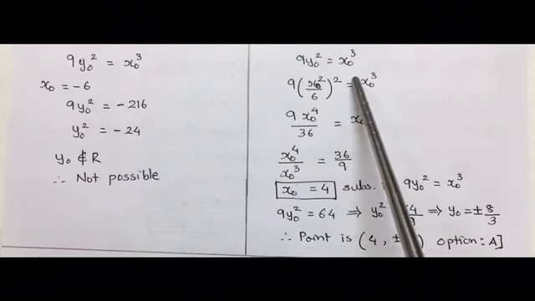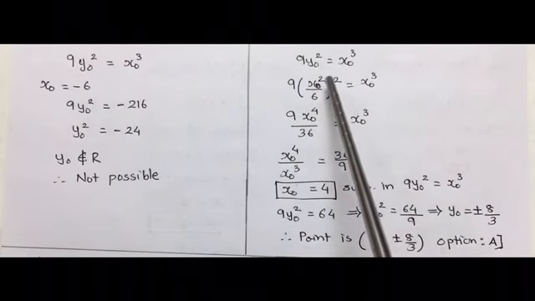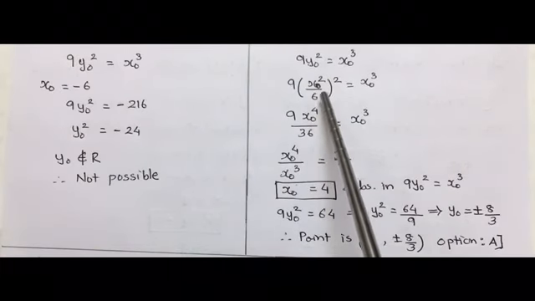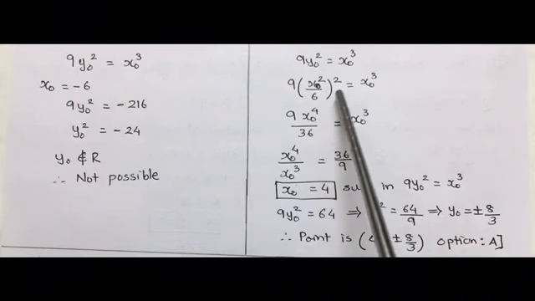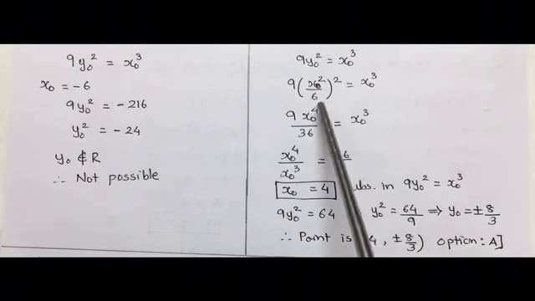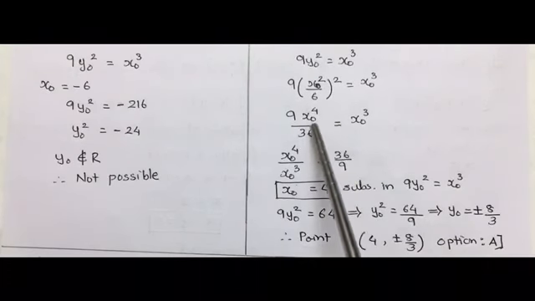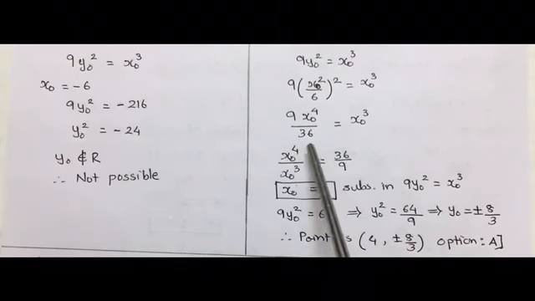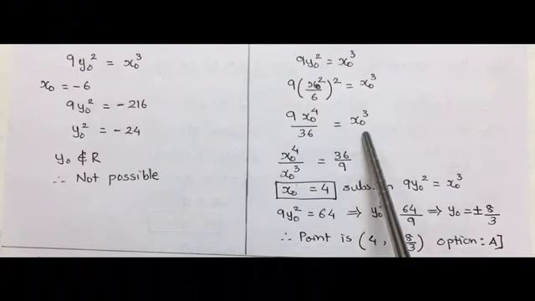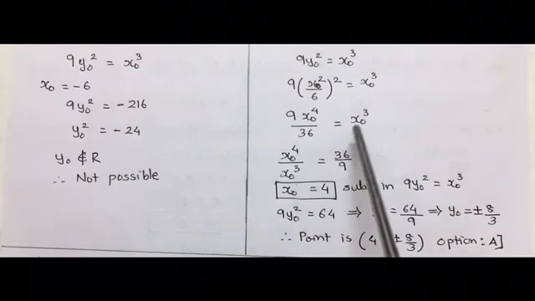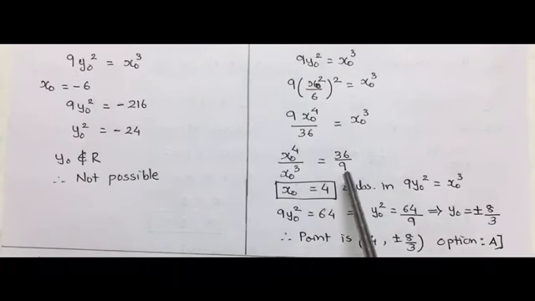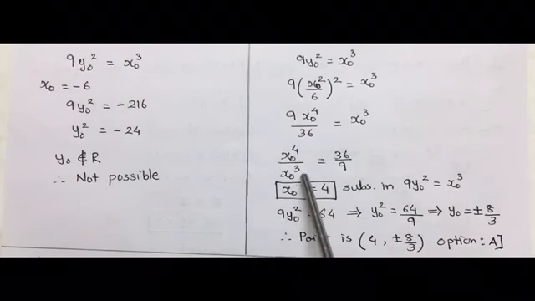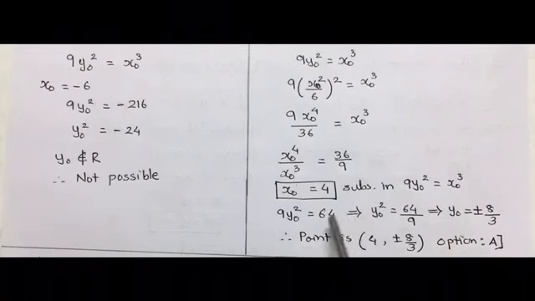Now taking up the second option, substituting the value of y0 as x0 square upon 6 in the curve and calculating, we get 9x0 to the power 4 upon 36 equal to x0 cube. Going for the cross multiplication, we get x0 equal to 4 after the cancellation.